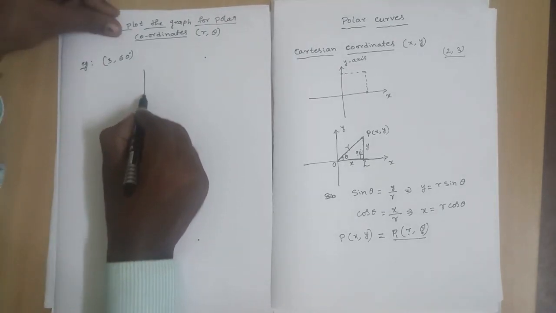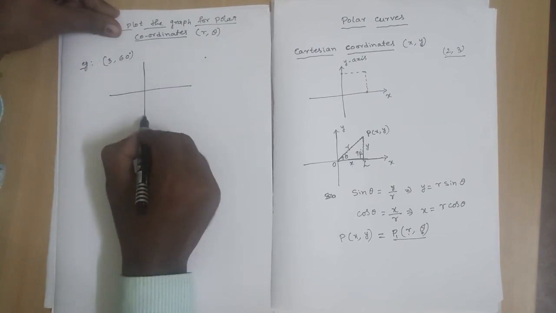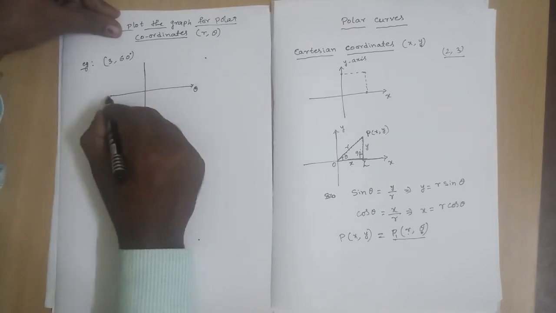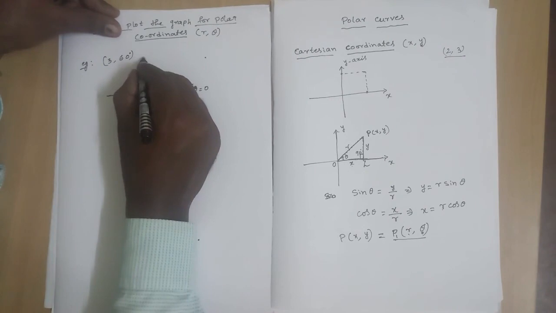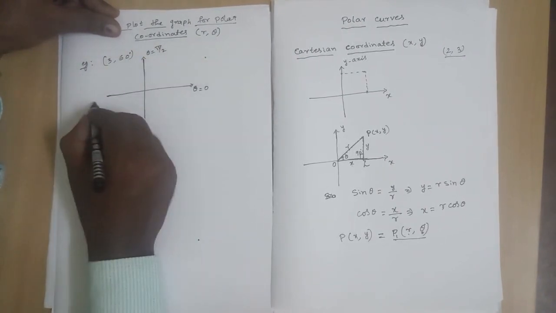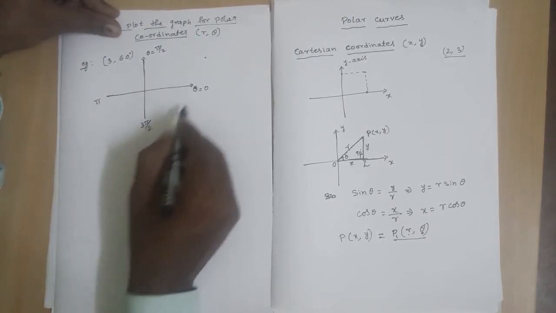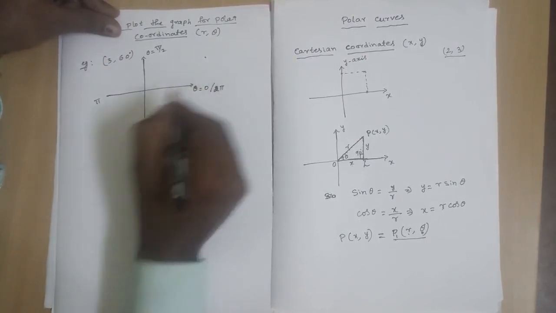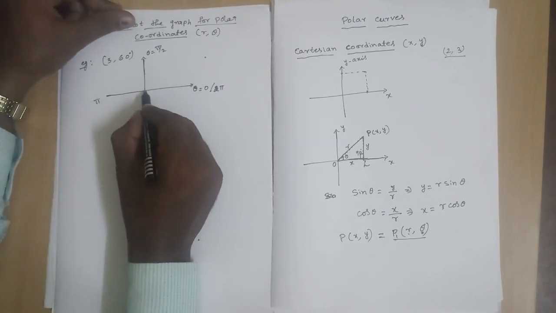So in polar coordinates, theta in radians here is 0, here theta equals pi by 2, here it is pi, this one is 3 pi by 2, and again if you come back it is 2 pi, meaning 360 degrees.